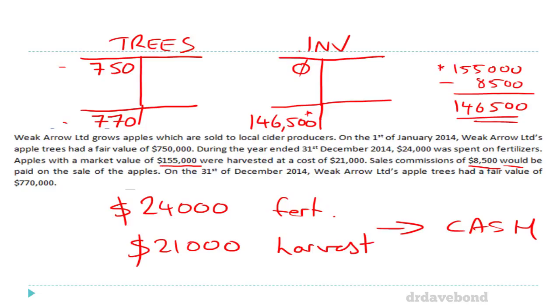So what we've had happen here is we've got a biological asset which has just changed in value. We've not added anything to it, it's just changed in value slightly. We've picked a whole bunch of apples which are now on our balance sheet. And we've spent money on fertilizer and harvest costs. We've spent $45,000 and we've got two other assets which are sitting there. That's all that's happened. We've just got to figure out how to account for it.